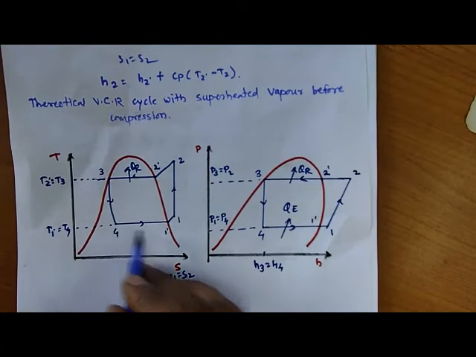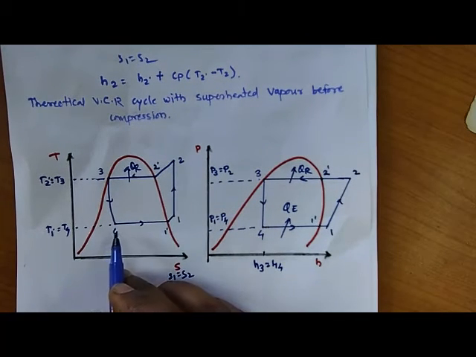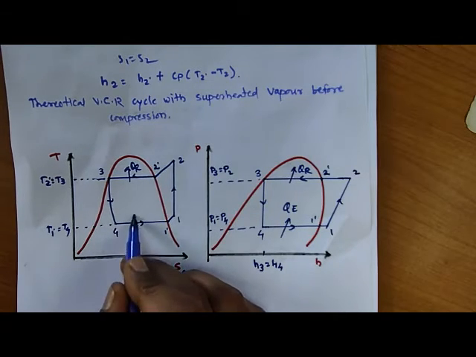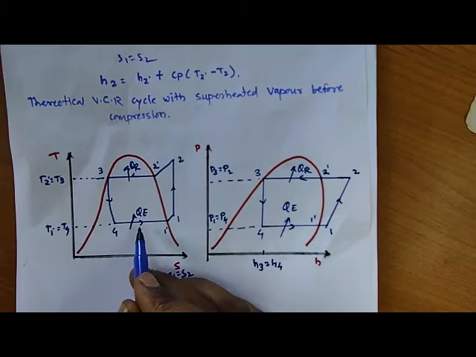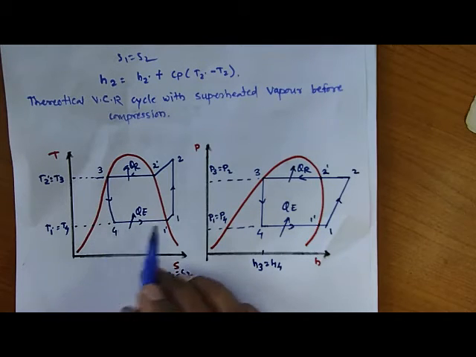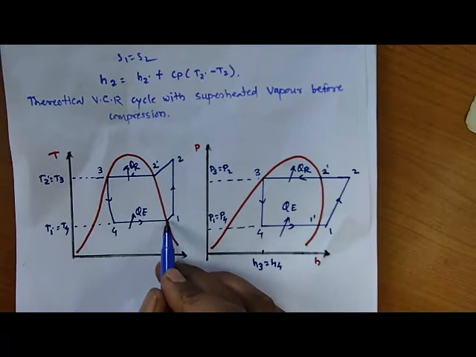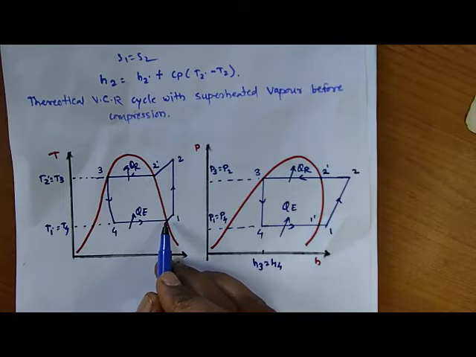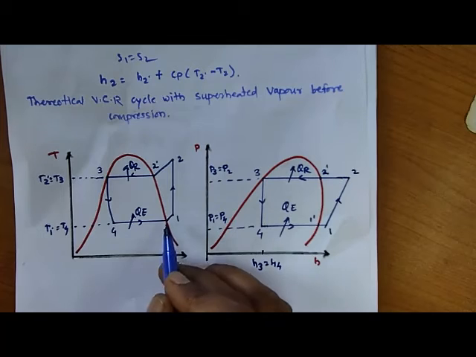Now 4 to 1 dash is the evaporation process, and the latent heat of evaporation is absorbed by the refrigerant. Whatever mixture of refrigerant is available is converted directly into gas form. So here we get the same refrigerant at low pressure and low temperature at the saturated vapor line.